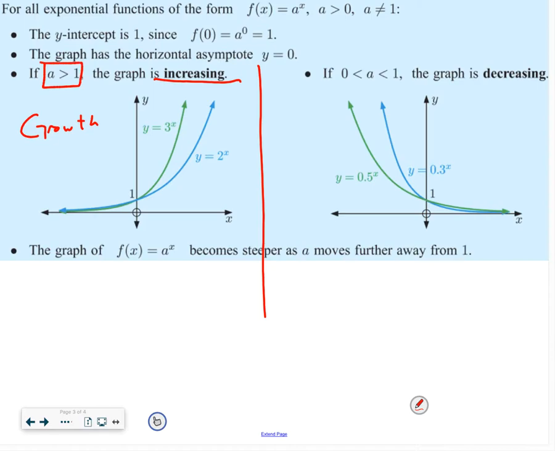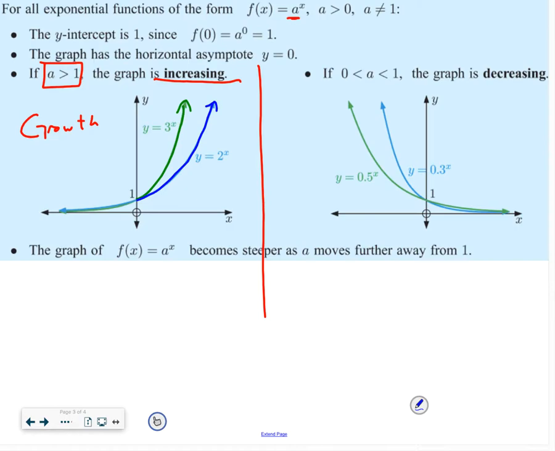Remember, our a value is the base here, so we're going to keep multiplying. If we multiply by anything greater than 1, it's going to get larger. You can see in the green graph, it's 3 to the x. Since our base is bigger, it's getting larger faster. And since 2 to the x has a smaller base than 3, it's still getting larger, but not at as significant a rate as 3 to the x.